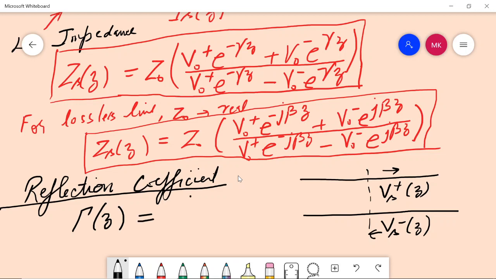What do we have? Vs minus of z divided by the Vs plus of z is the reflection coefficient.